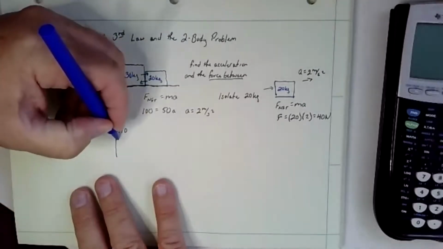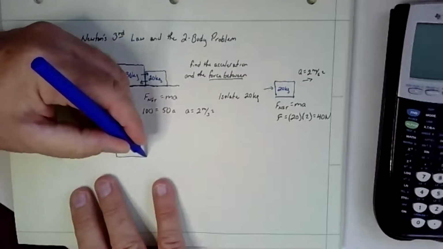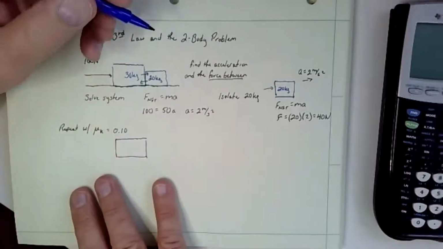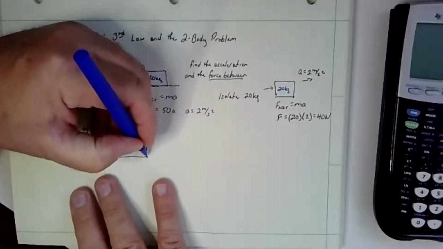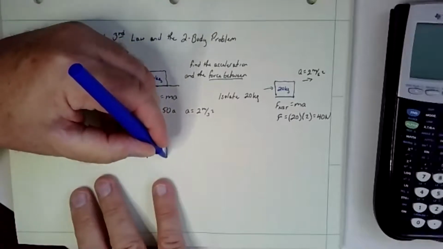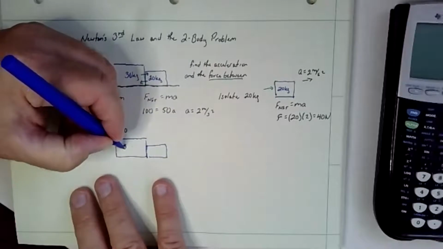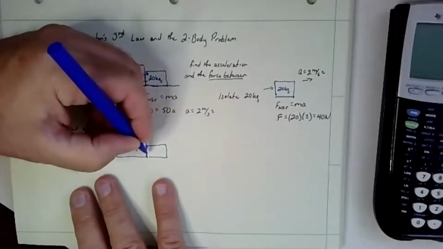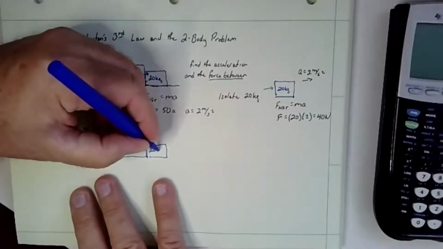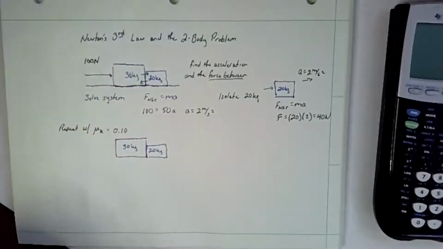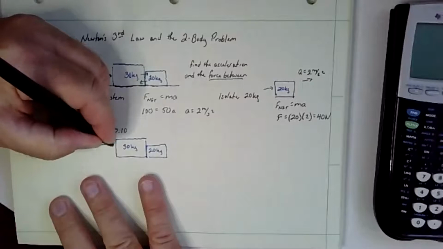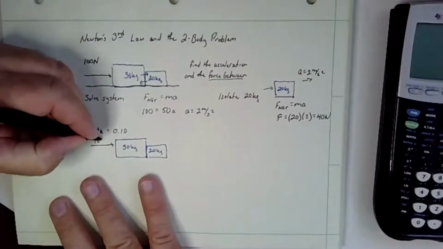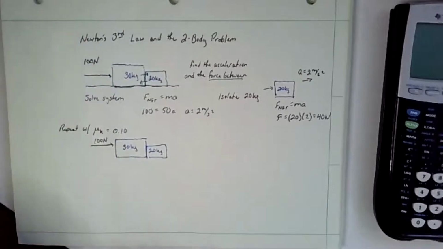Okay, so now when we reconsider what is going to happen, I'm going to just repeat this diagram really quick. And we are applying a force of 100. But now we're going to have friction as another force.